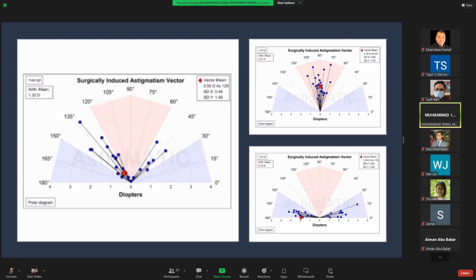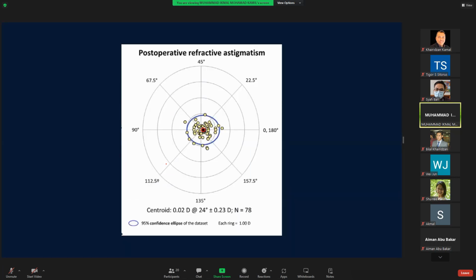However, for the against the rule astigmatism, the group is separated into two poles here, as well as the oblique astigmatism. So the analysis is not very accurate compared to the double angle plot here.